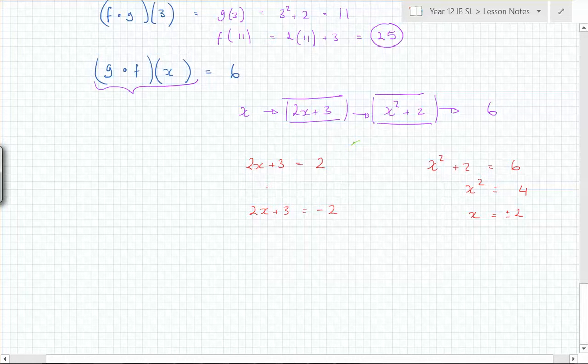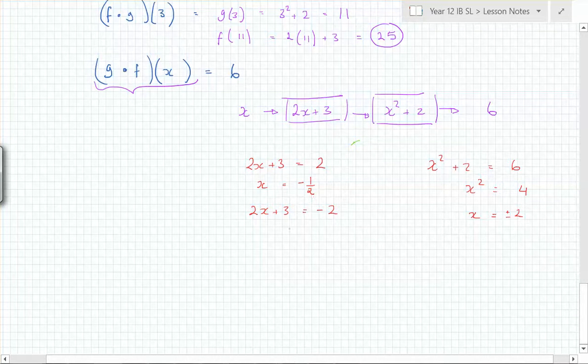So what would that be? So in this case, x would equal almost minus a half. Yeah, good. Solving that.